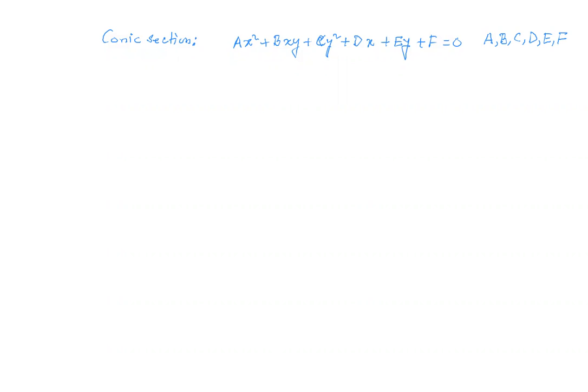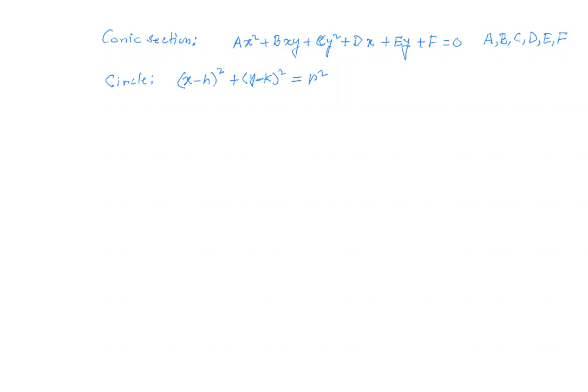All right. One of the things that I want to talk about is the circle. So let's say circle. What is the equation of a circle? The equation of a circle has this structure: x minus h whole square plus y minus k whole square is equal to r square.